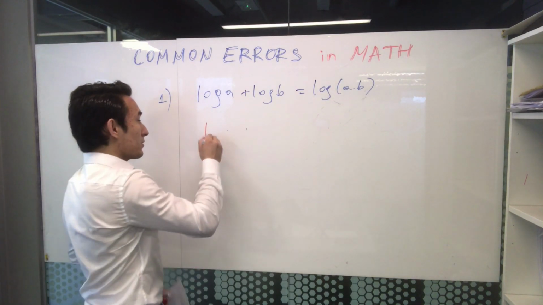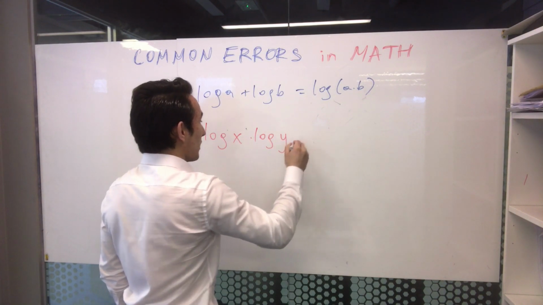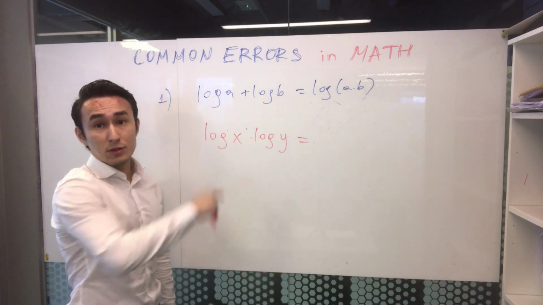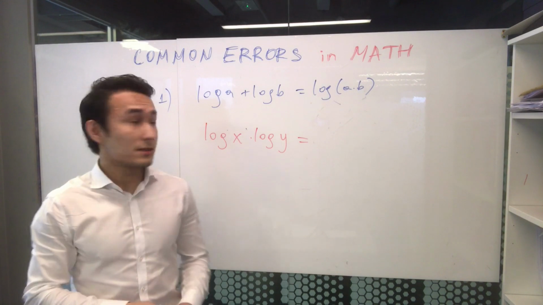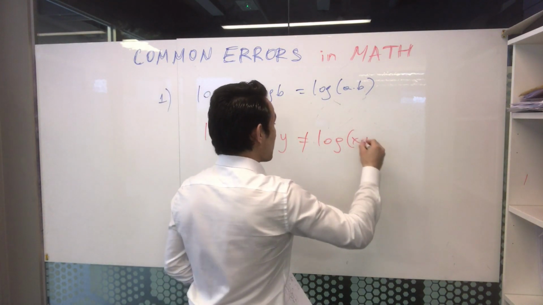But when you see a question like log x times log y, keep in mind, there is no way to simplify this. It's not equal to log x plus y.